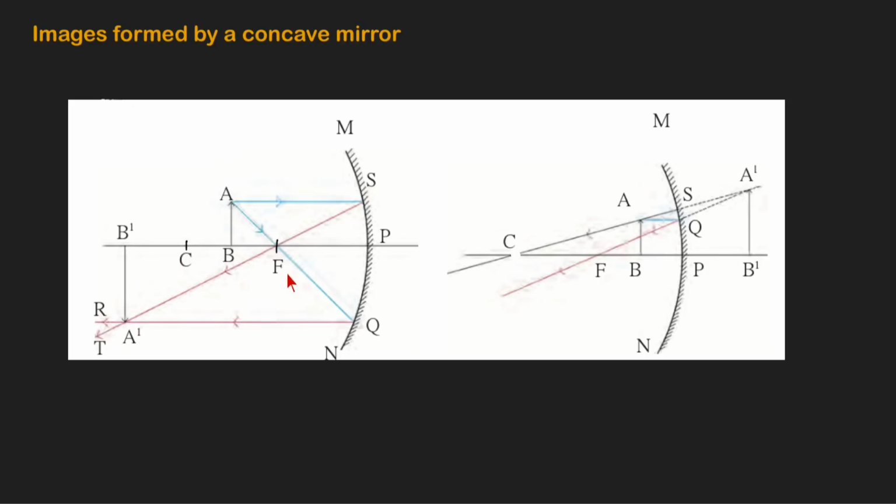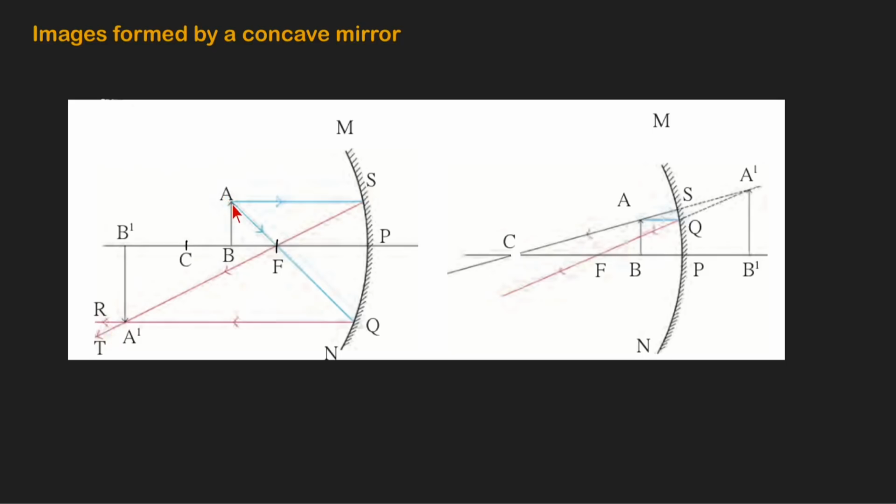We are taking two rays from the object. One ray is passing parallel to the principal axis as an incident ray, and after reflection, the ray which is parallel to the principal axis will get reflected through the principal focus.